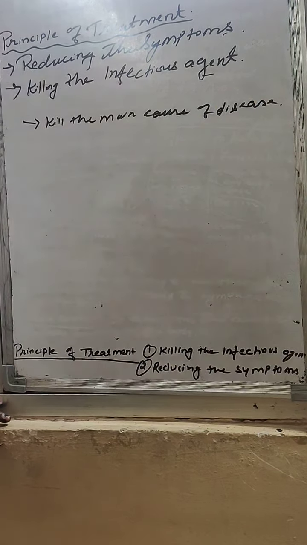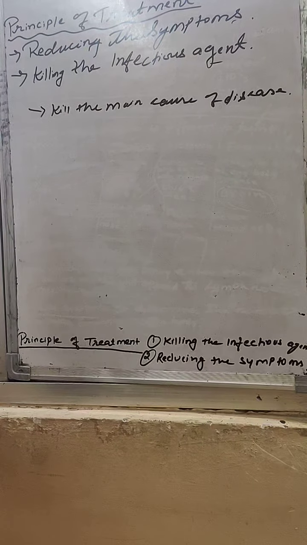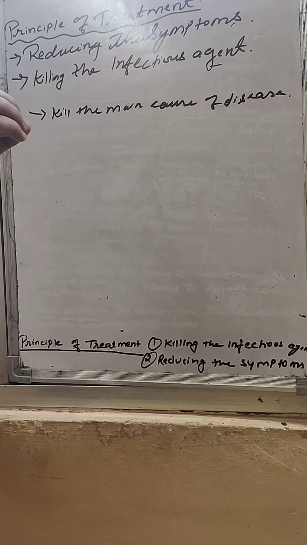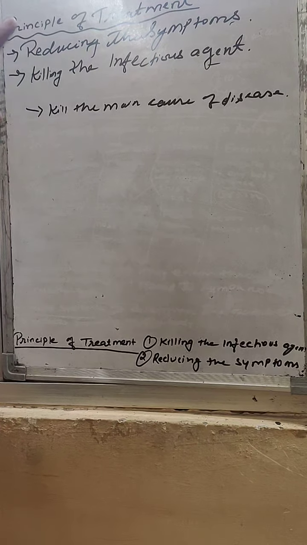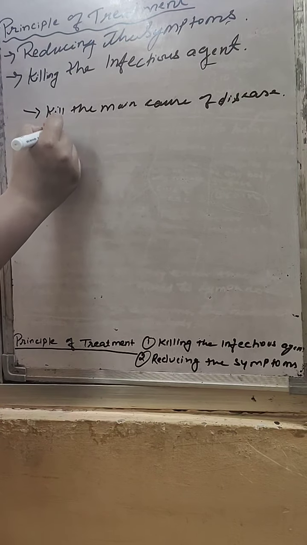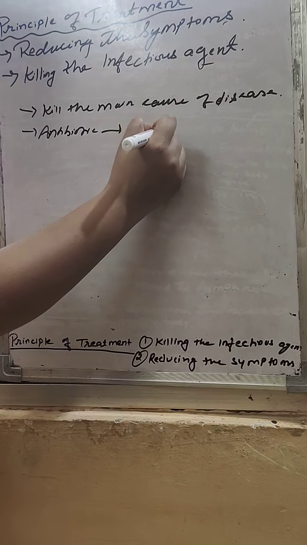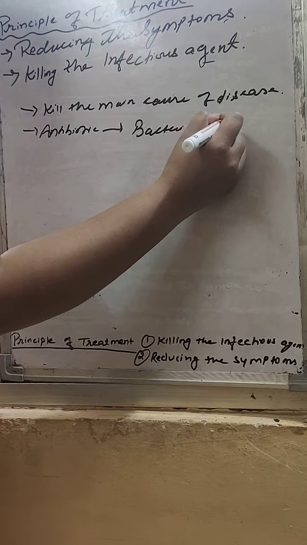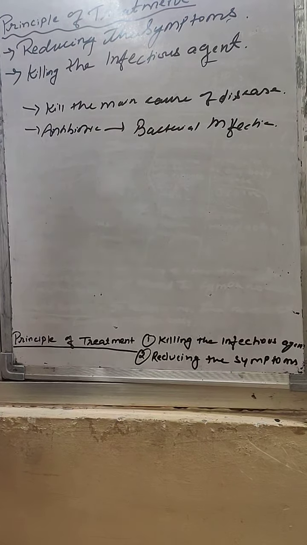Suppose the doctor diagnoses that you are suffering from a bacterial infection, then the doctor will prescribe you antibiotics, because antibiotics are only and only effective against bacteria. So antibiotic drugs, if you are having a bacterial infection, will kill the bacteria, because bacteria is your infectious agent.